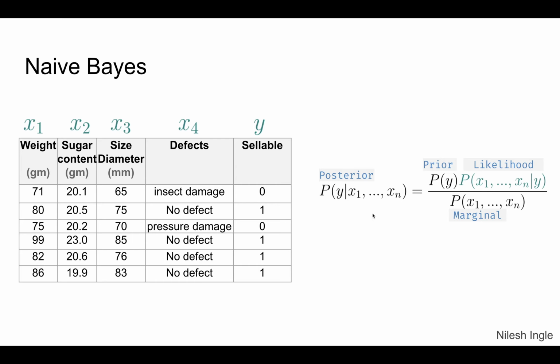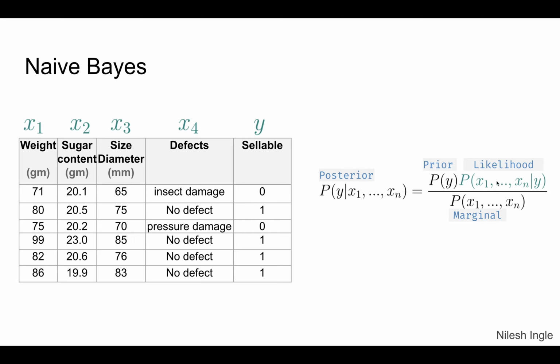So all these features can be represented by the Bayes equation as shown here, where we have the posterior of y given the features is equal to the prior for the classes, multiplied by the likelihood, divided by the marginal.